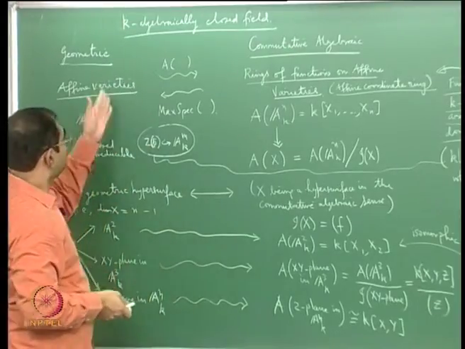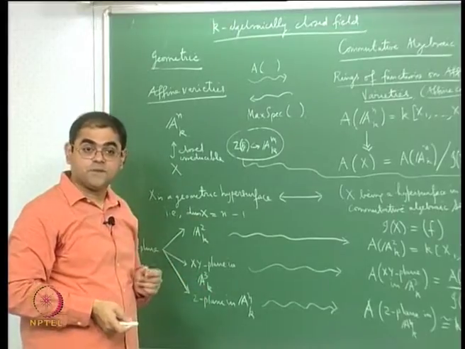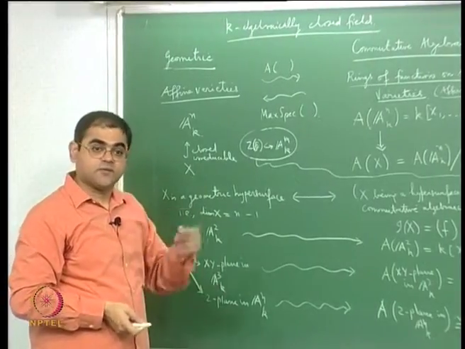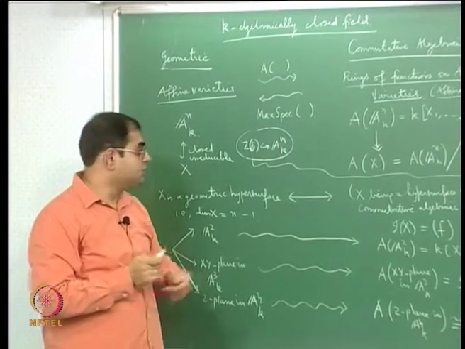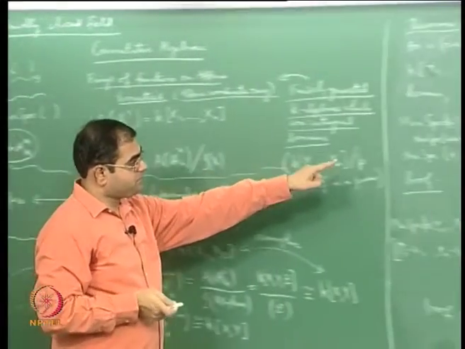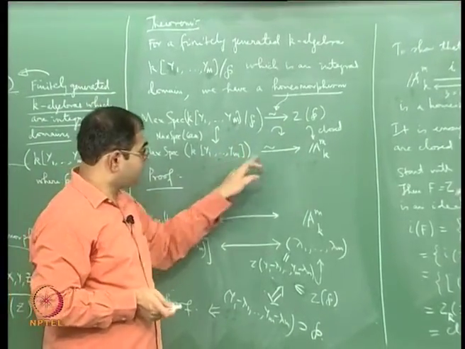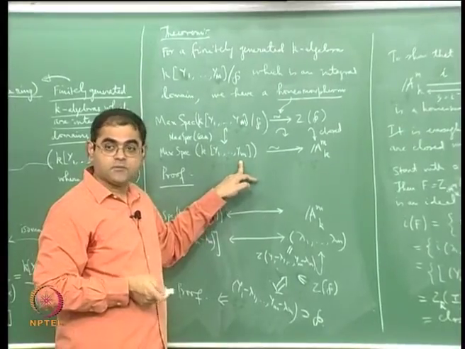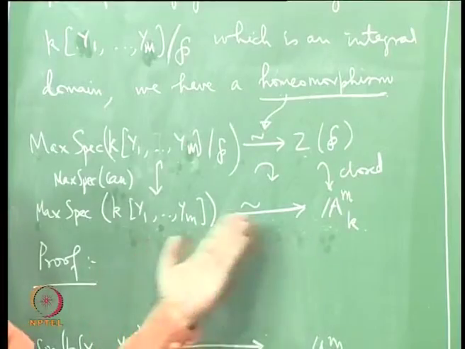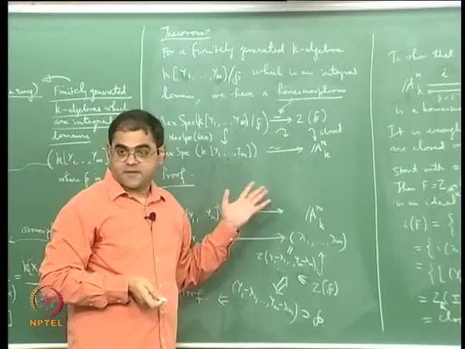Isomorphic in the sense that on this side, at least, we have been able to prove that it is a topological isomorphism. But in fact we are going to define what is meant by a morphism of varieties, and we will show that this map, and for that matter this map, you can even think of as an isomorphism of affine varieties.